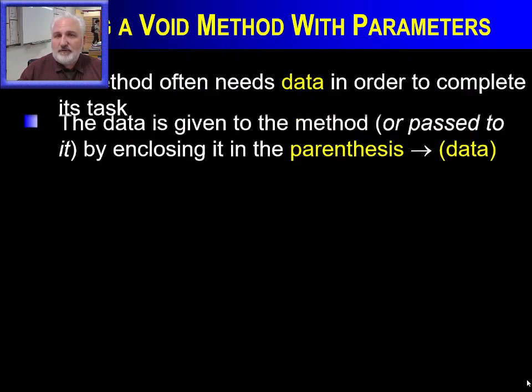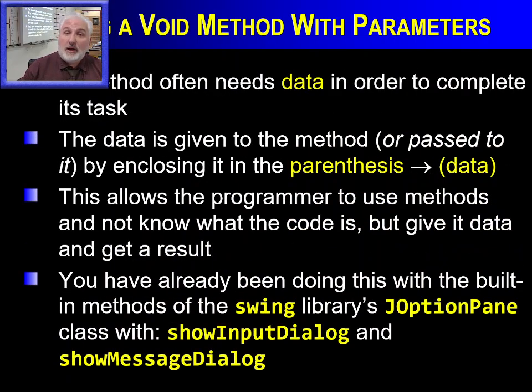Let's take a look at how we've reviewed this content before. When I taught methods in the 30S course, I talked about how methods could require data in order to complete their task. That data is passed to the method through the parentheses, and this is known as a parameter.